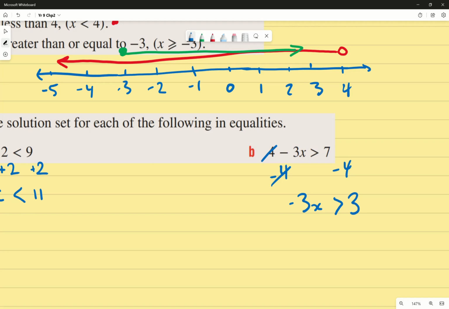What you might decide to do is divide by -3. It is a tricky one, but we can divide by -3. When we divide by -3, because we're dividing or multiplying by a negative number, what do we do to the sign? We flip it. So these two cancel out and we get x. And instead of it being greater than, we're going to go less than. On the right hand side, 3 divided by -3 is -1, and that would be our answer.